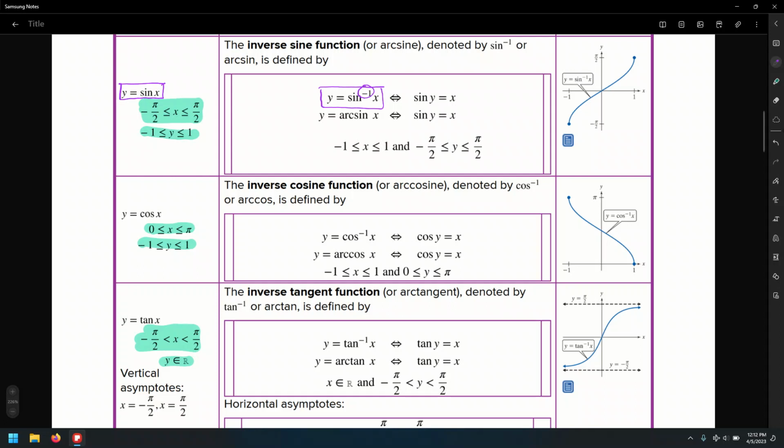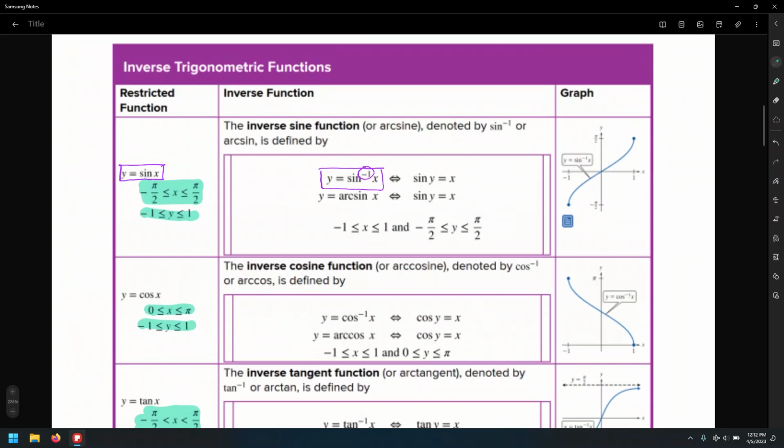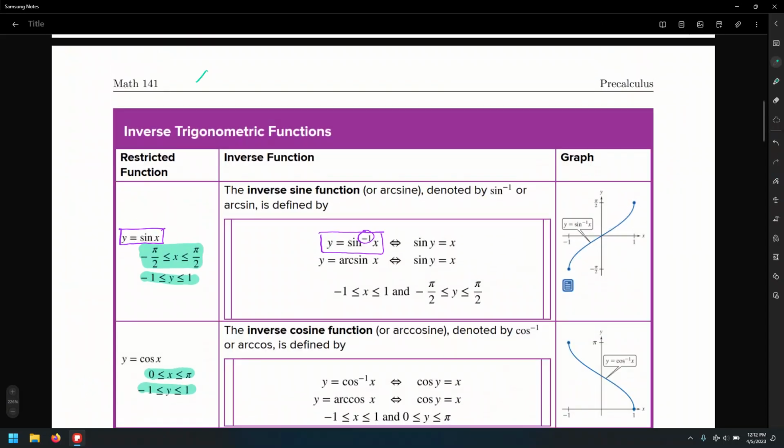We need to be careful with this notation because that negative exponent, you may have seen it before, right? Where have we seen it before? When we have something like x to the -1, for example, which is 1 over x.